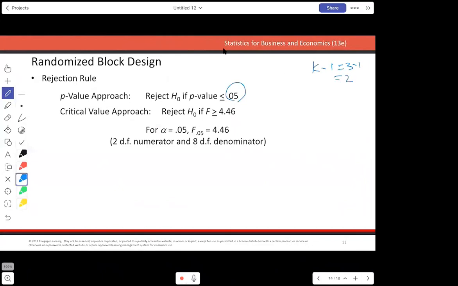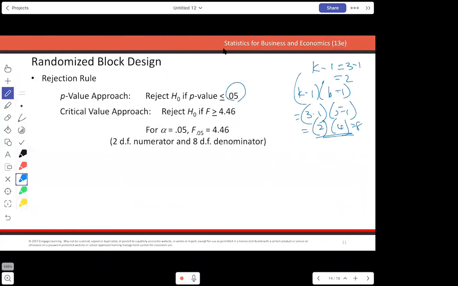But then the degrees of freedom for SSE is k minus 1 times b minus 1. That's basically 3 minus 1 times 5 minus 1, which is 2 times 4, which is 8.